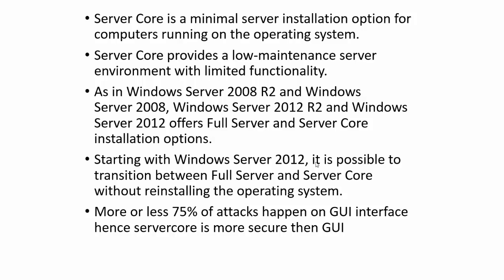Active Directory does not take a lot of space, right? So you can use your old computers as well, as long as they are 64-bit. That's the benefit of using ServerCore with a small footprint, small size.